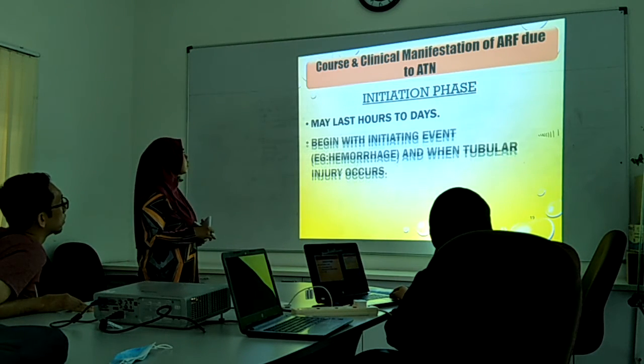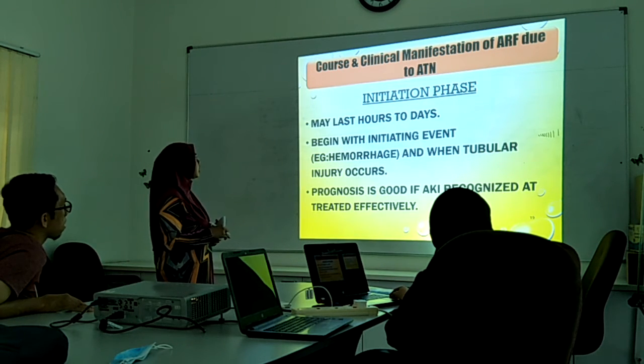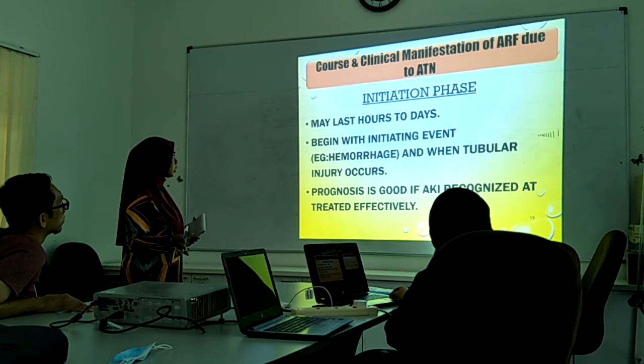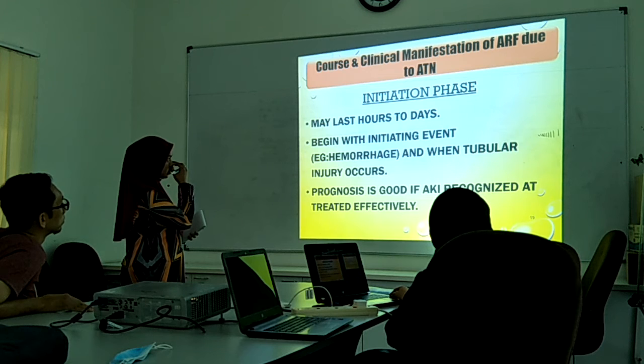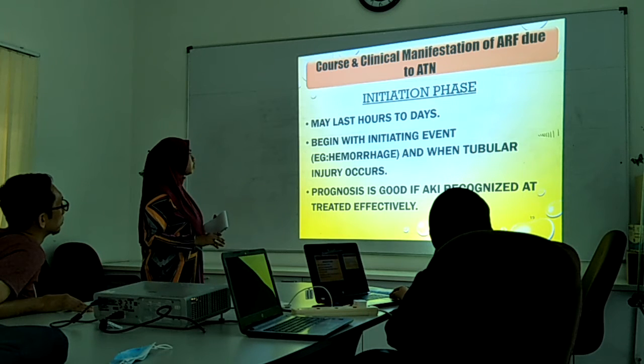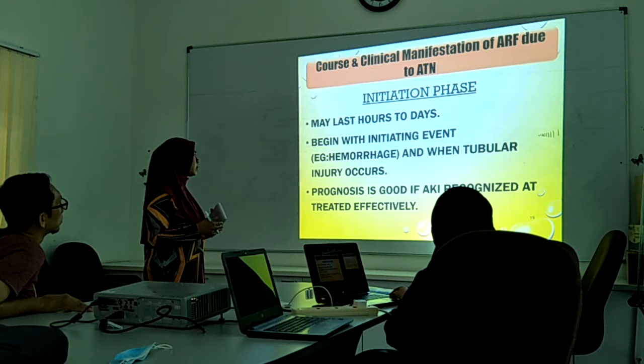The starting phase or initiation phase will last for hours to days. It begins with some kind of hemorrhage, and when tubular injury occurs, prognosis is good if we can recognize the signs and symptoms early and treat effectively.